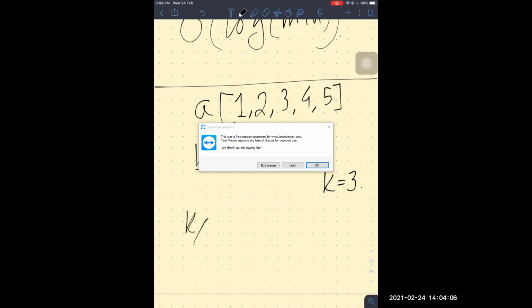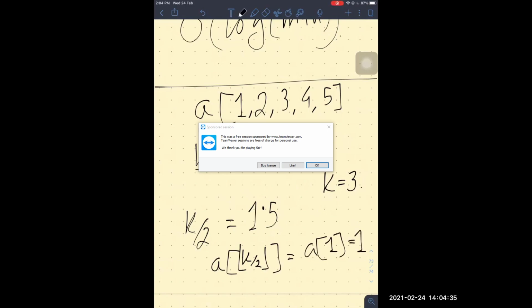First we will divide k by 2. So k by 2 is 1.5, and we will take the floor of that. Floor of this is 1. So a of k divided by 2 is a1, which is 1.